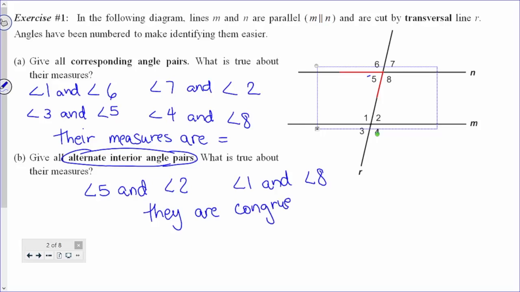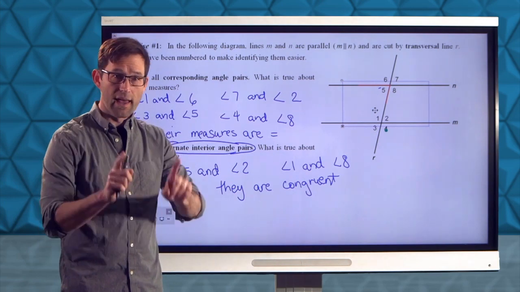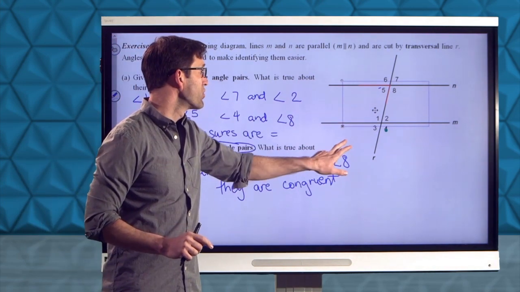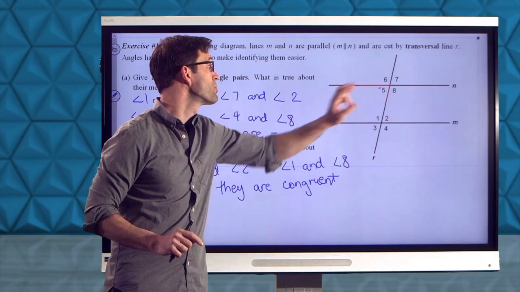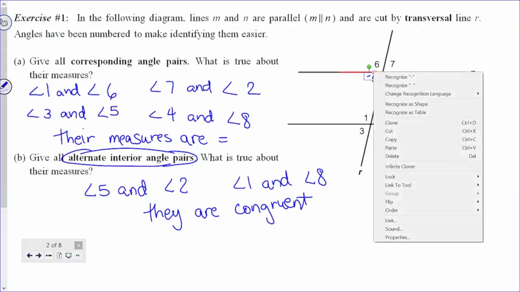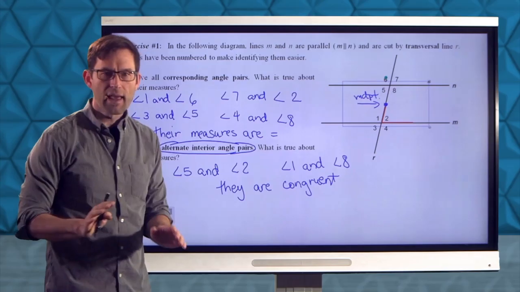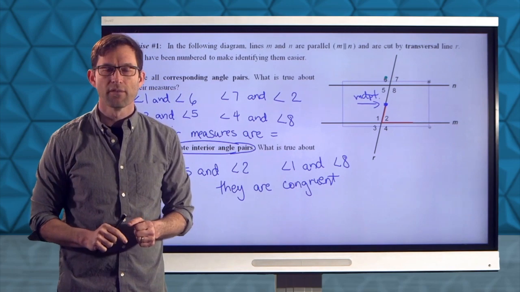Alternate interior angle pairs are congruent, or they have equal measures. Again, one of the cool things is from a transformation perspective, you can always prove that alternate interior angle pairs are congruent. Let me get rid of that little mark. You can always prove they're congruent by a 180-degree rotation about the midpoint of this line segment. All right, but again, that's from a transformation perspective.